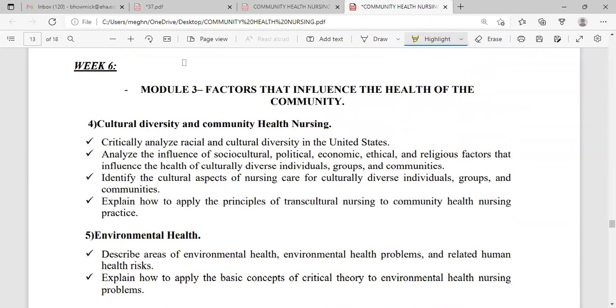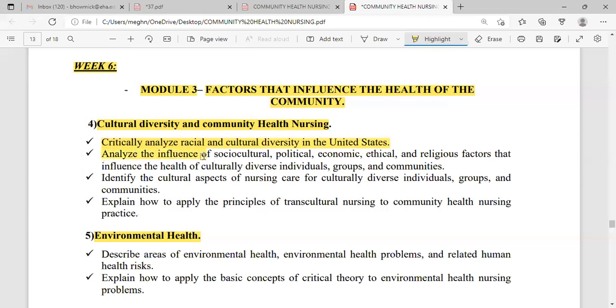So week 6, module 3, factors that influence the health of communities, cultural diversity and community health nursing, and environmental health. Cultural diversity contains critically analyzing racial and cultural diversity in the United States of America.